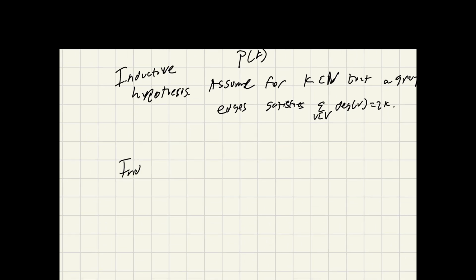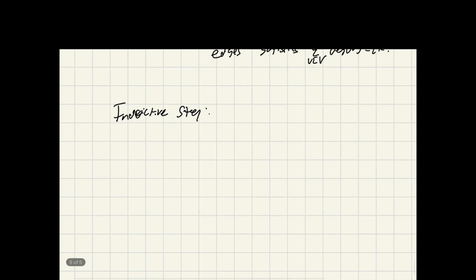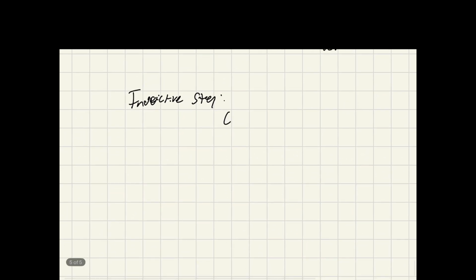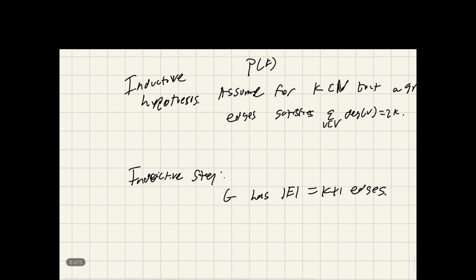Okay, so the inductive step. This is the tricky part, but it's not that bad. So, let's say we have a graph G, and the size of its edge set is equal to k plus 1 edges. Okay? So notice how it's 1 larger than the inductive hypothesis graph.